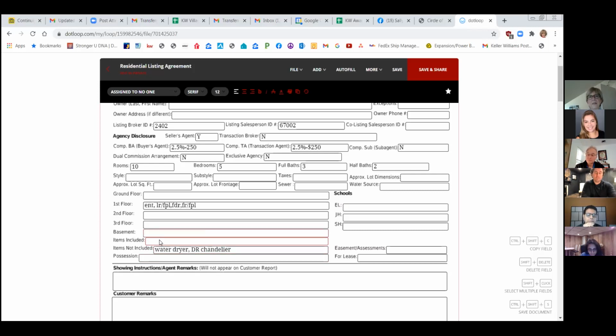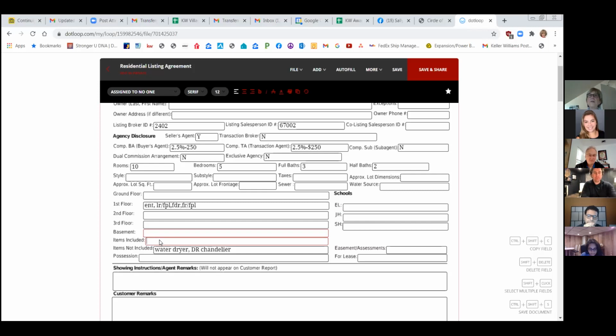If they are including something, for example, a refrigerator, some of them are built in, but most of them are movable. Many of them are movable and therefore are considered personal property, just like a chair or a table.